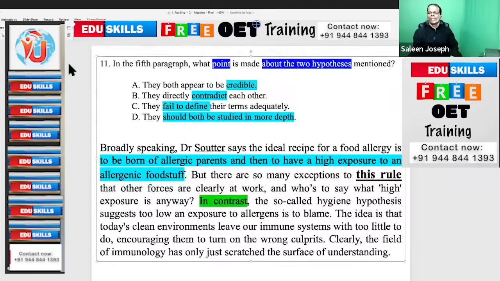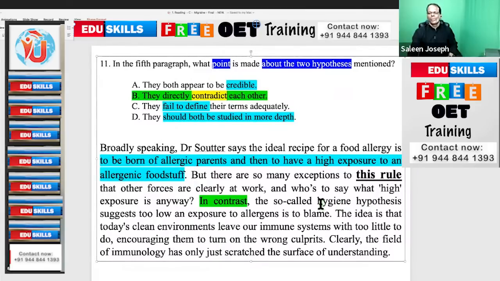Then next hypothesis is introduced, saying in contrast. Once you gain the competency, immediately you know there is a contradiction. So they are contradicting each other. Do you have a contradicting word in any of the options? Yes, Father, B. Let's mark it. We are not sure, we will mark it.